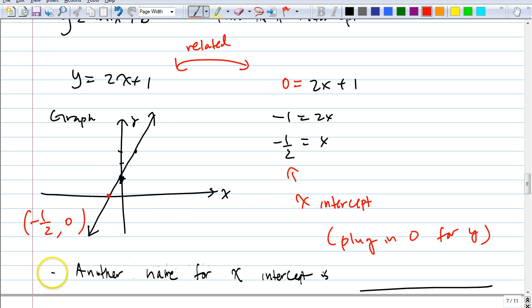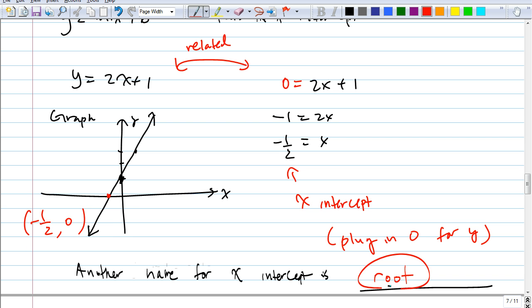Anyway, it starts with R. So think about this as the ground, and this is like a tree or some plant. Oh, root. Yeah, very good. So sometimes you may hear people call the x-intercept a root.